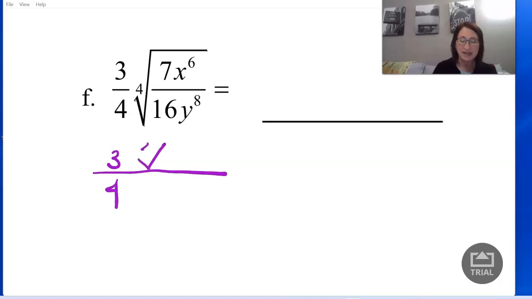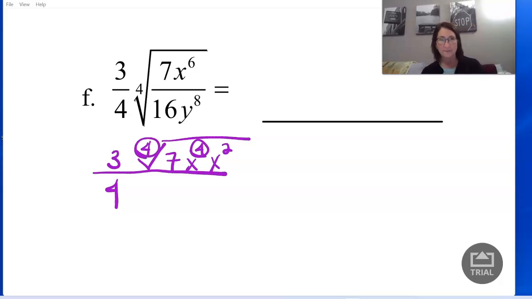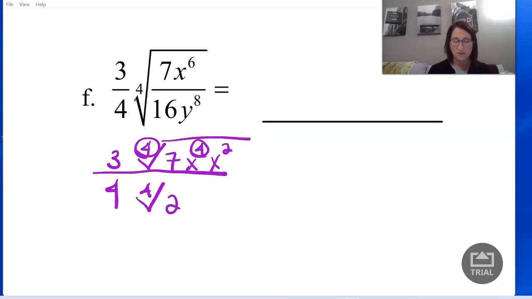Then I'm also going to take the 4th root of 7, and then I'm going to break that x to the 6 down into x to the 4th times x squared, so that my exponent and my index match. That's going to allow me to take out a root. In the denominator, I'm going to have a 4th root of, I'm going to change that 16 to 2 to the 4th. And then I've got y to the 8th.